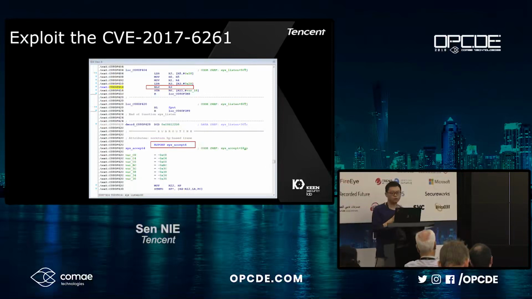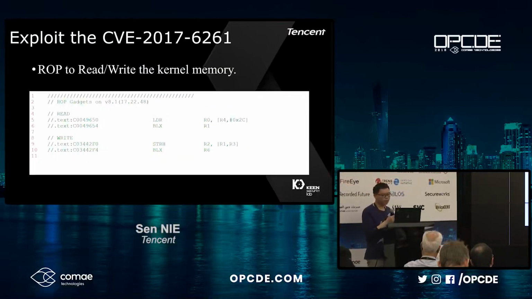And for a syscall, you can control so many registers, like the R3 register, right? So if we assign a useful address to the R3 register, like the ROP gadgets here, you can find that these are read and write gadgets. We can turn the code execution again into a kernel read and write primitive. So up to here, exploiting this bug becomes very clear.